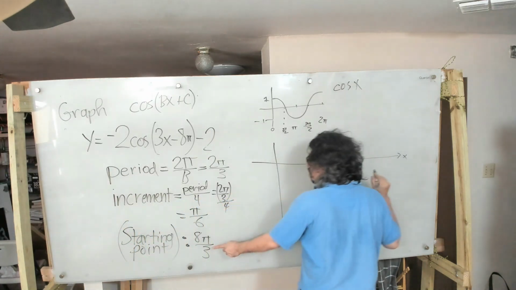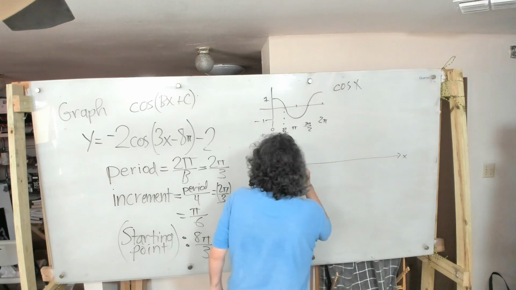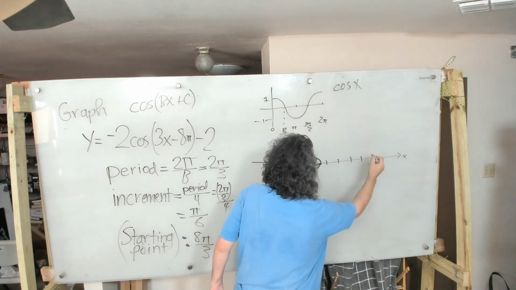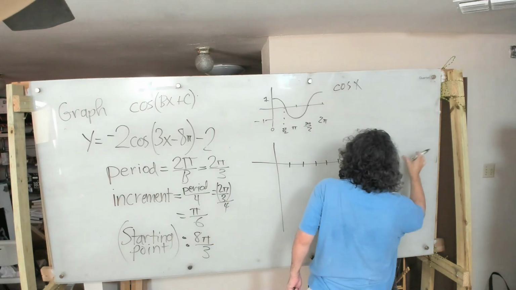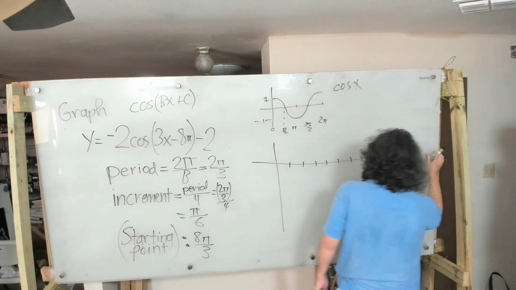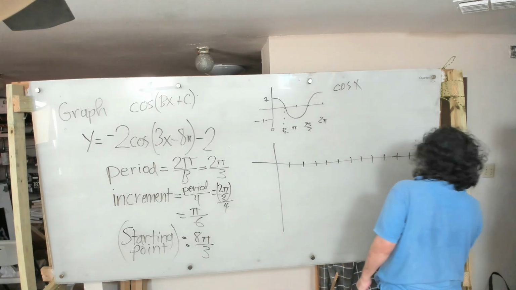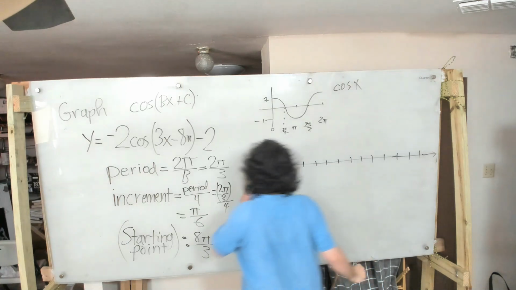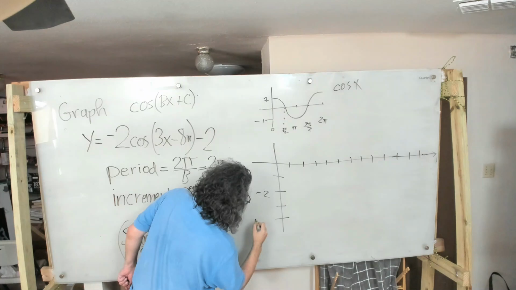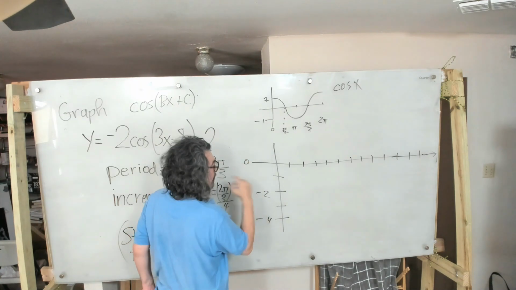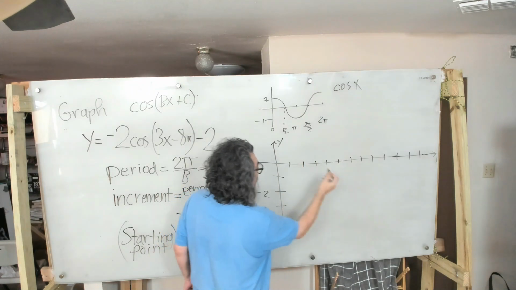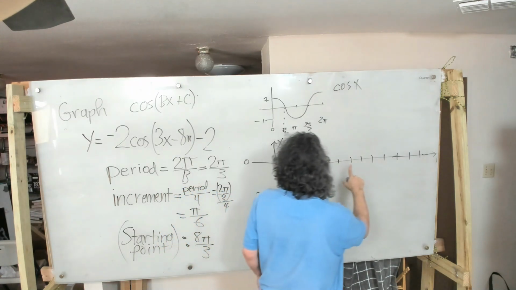So now I'm going to write this out. 1, 2, 3, 4, 5, 6, 7, 8, 9, 10, 11, 12. Let's label these. So these are by pi over 3. 1, 2, 3, 4, 5, 6, 7, 8.